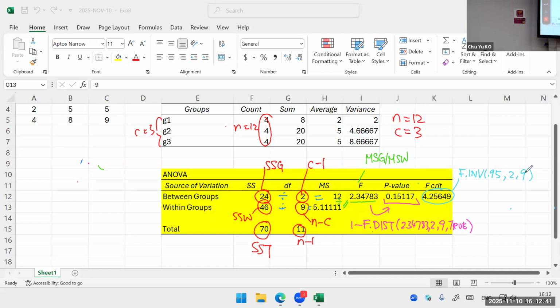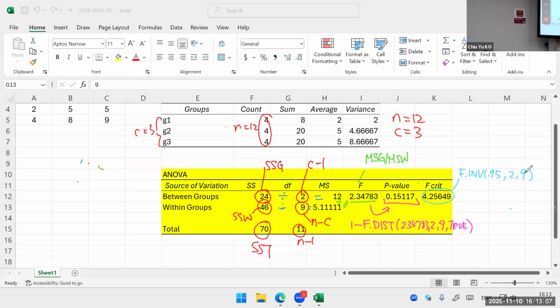So remember, the idea is you want to compare the variance within group, that's MSW. That will be just capturing the standard deviation. But if MSG looks at the sample mean compared to the grand mean, that is also capturing whether the means are different.